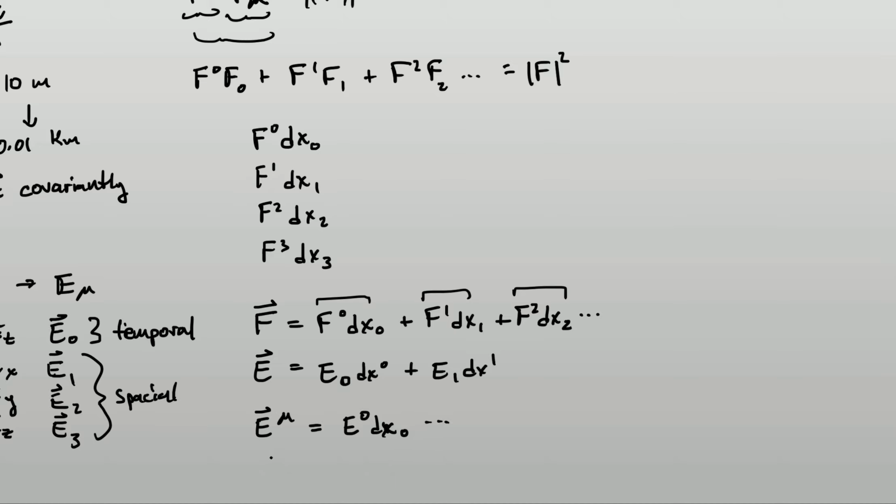Right? This is just the contravariant component of E, such that when we do this, we get E, like that. Right, so again, this is just an intro to some of the ideas that need to get covered.